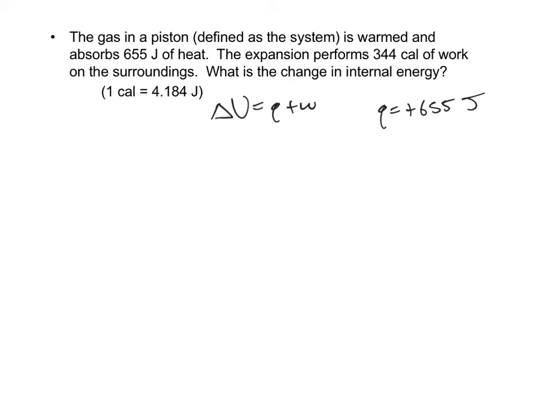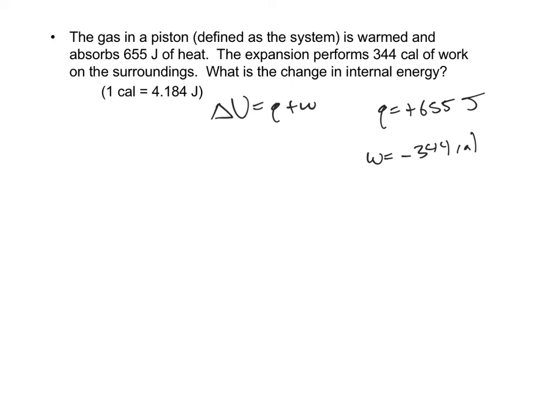When the gas expands, the gas is performing work on the surroundings. So the work is going to be negative, negative 344 calories. But I can't just add these together because they're in different units. I either need to convert the calories to joules or vice versa.